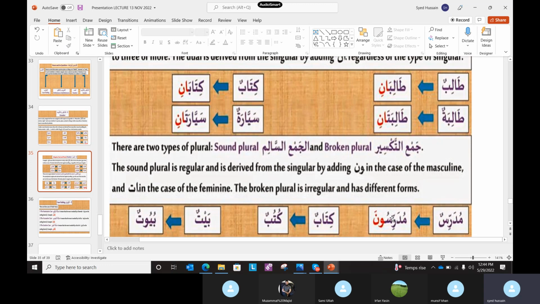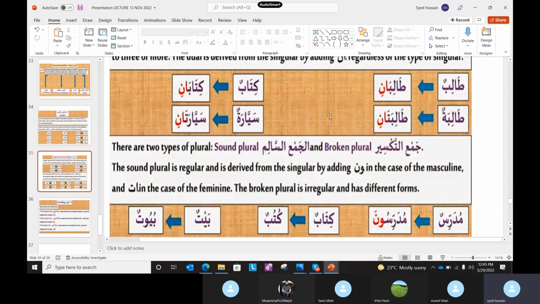So see, here we have added waw and noon, and the natural vowel, this fatha, kasra, and dhamma in Arabic, is same like we have in English, natural vowels like a, e, i, o, u, right? Because a you cannot say e, you will say a in English. E always sounds like e.